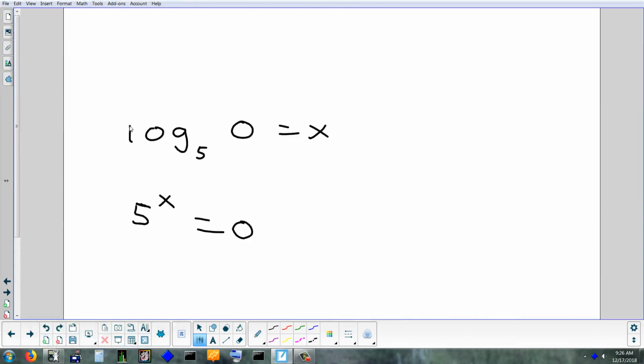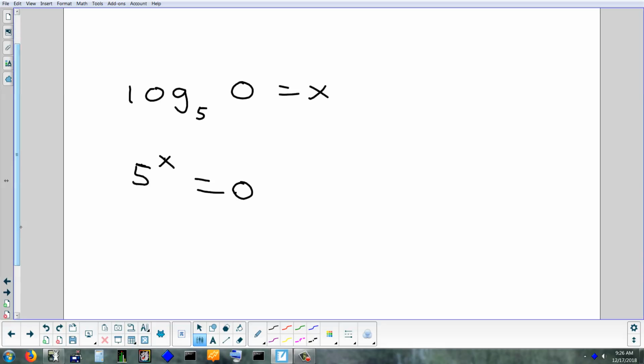No matter if you take 5 and you raise it to any number that you want, positives, negatives, fractions, you can't raise 5 to a power and ever get 0. Can't do it. You think, well, what about to the 0? 5 to the 0 is 1. If you did negative 2, all that's going to give you is 5 to the negative 2 is 1 over 25. So I mean, there's no way to get 0. So that's fine.